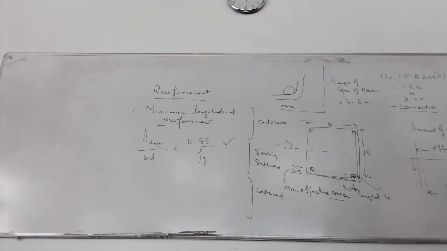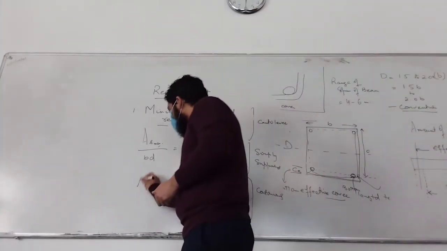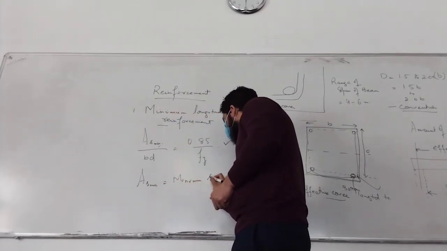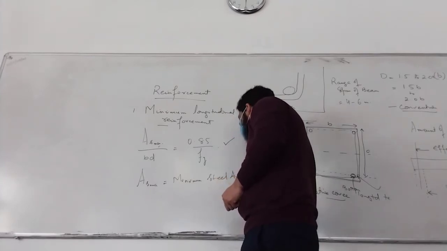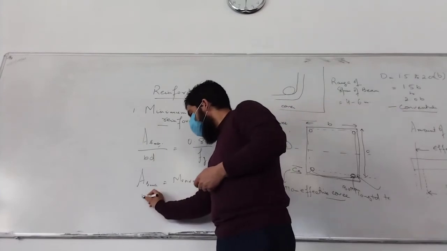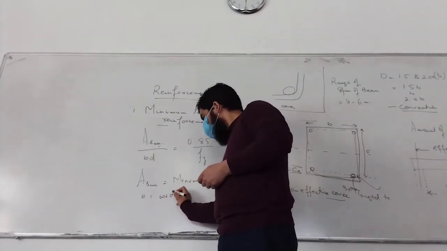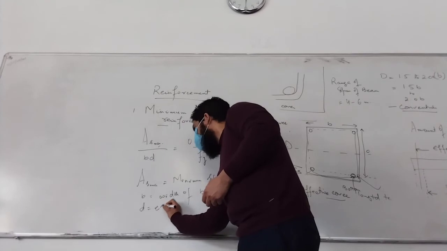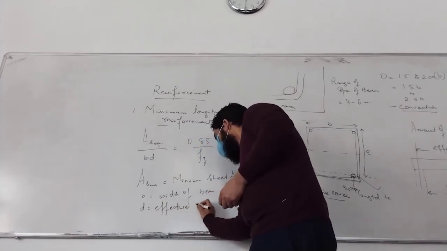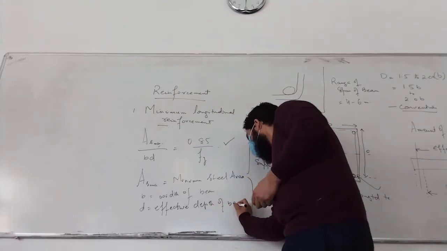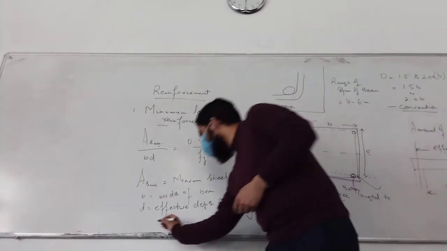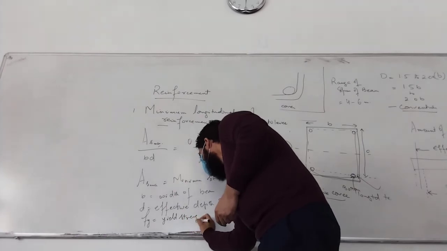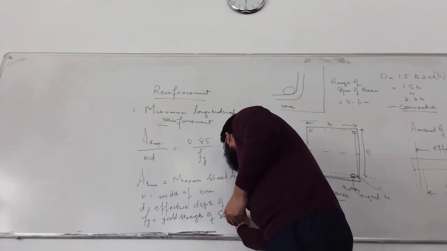It is the minimum steel area. b is the width of section or beam. d is the effective depth of beam. fy is the yield strength of steel reinforcement.